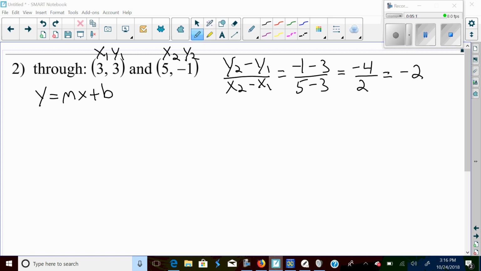And I decided to go with the 3, 3 here. So I've got 3 is equal to my slope, -2, times my x, which is 3, plus b.